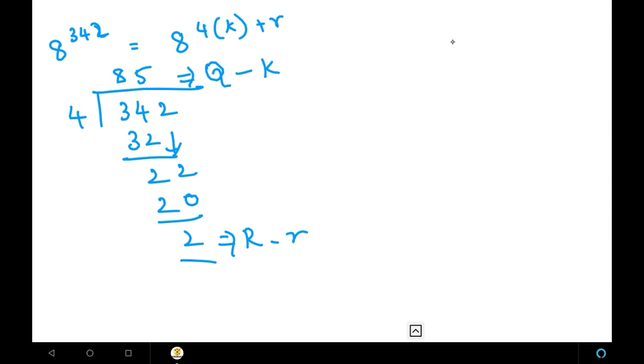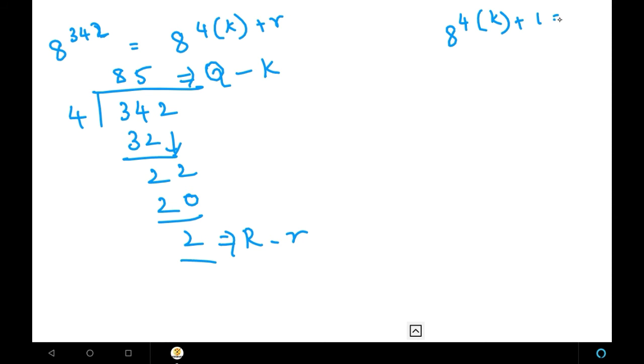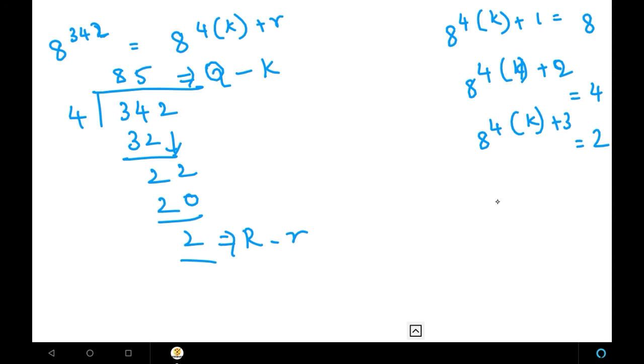We have also learned that 8 power 4 into k plus 1 is 8. 8 power 4 into k plus 2 is 4. 8 power 4 into k plus 3 is 2. I am only writing the units place here. 8 power 4 into k plus 4 is 6. So here are the 4 numbers that we have remembered.